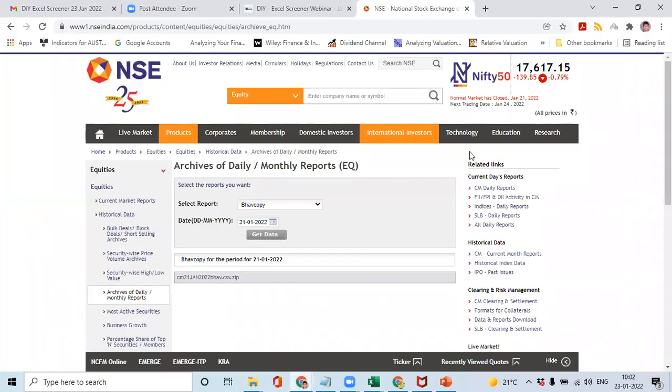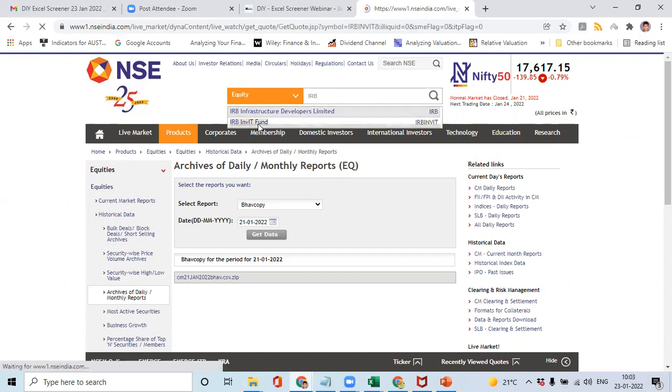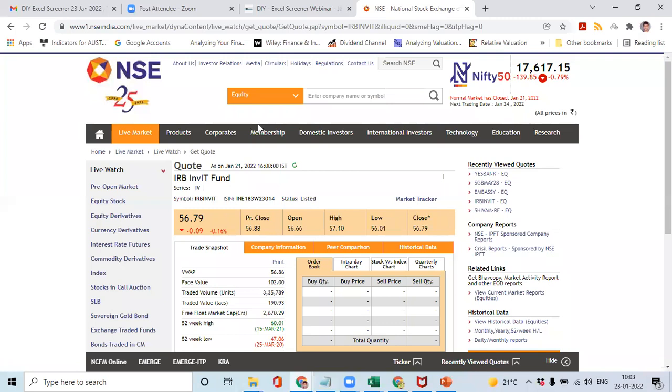What is the InvIT? Real estate investment trust. No, that is right. InvIT, okay. Infrastructure investment fund or whatever. Usually your target is a network or state level.